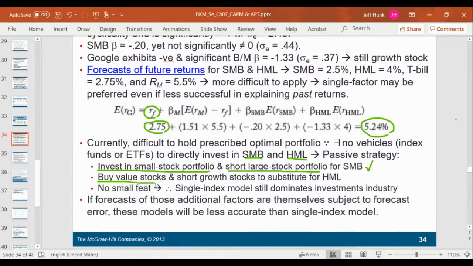Also you can buy value stocks and short growth stocks. Actually, they should be switched: short growth stocks first, and with that, buy value stocks to substitute for HML.